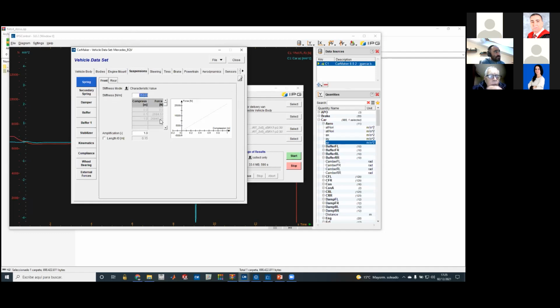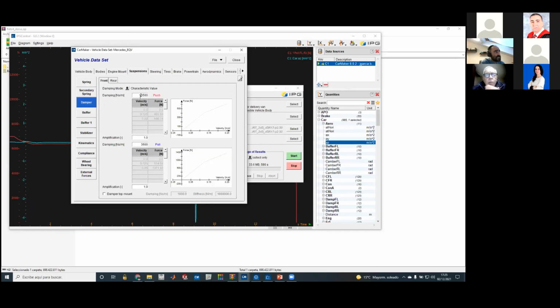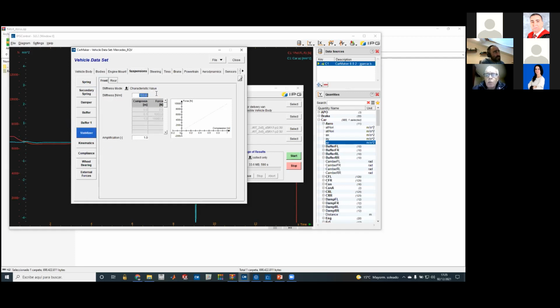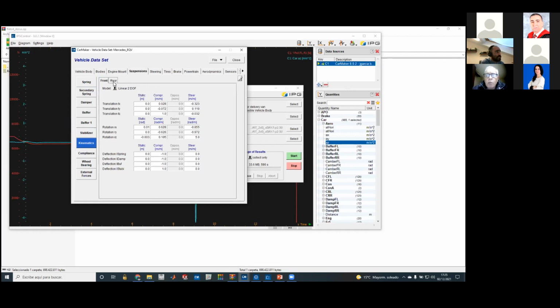If I have quantified the stiffness of my suspension, the C parameter of my damper in bound and rebound, the value of the anti-roll bar, and also if I want to introduce the kinematics of the suspension, but always just considering lumped masses, lumped springs, and coordinate systems.